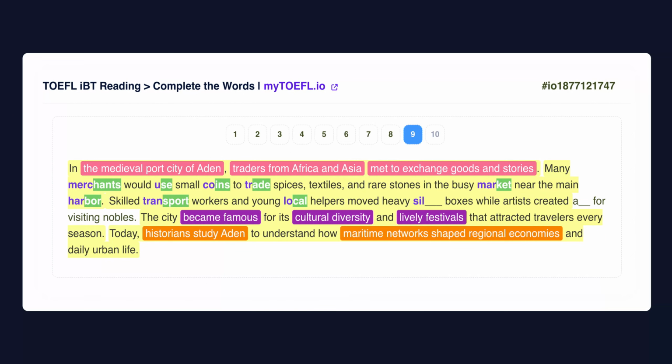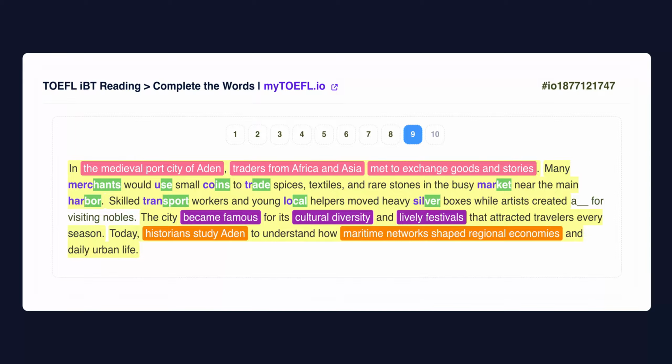The sentence says the workers moved heavy boxes. We already know that rare stones were traded. A valuable material often used for boxes or traded as a commodity, which starts with SIL, is silver. Heavy silver boxes fits the theme of valuable goods being moved in a busy port.